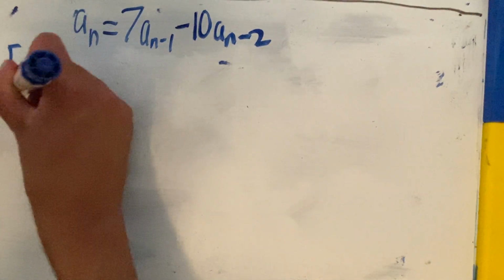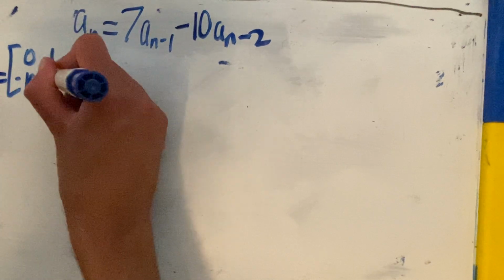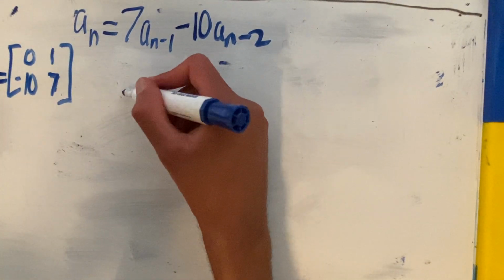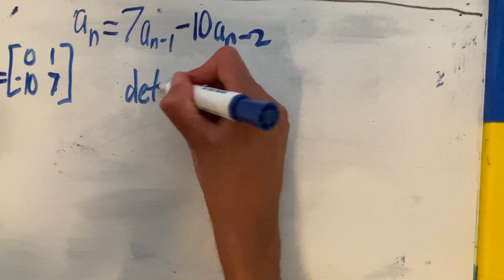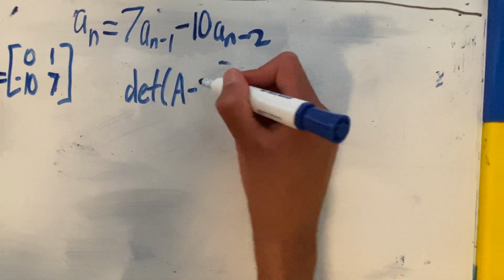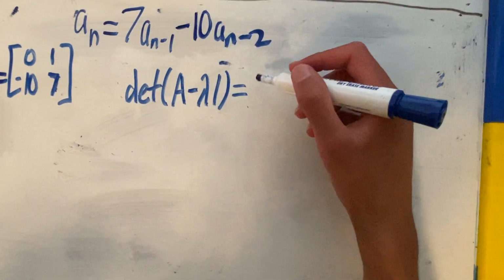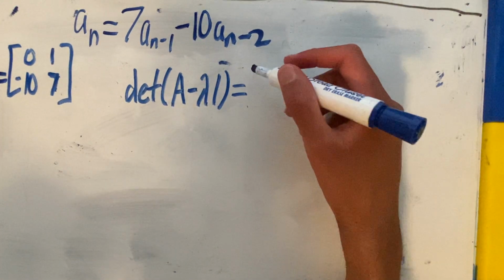A equals 0, 1, minus 10, 7. So the eigenvalues are going to be found using the determinant of A minus lambda I. This is something that, yeah, some of the linear algebra knowledge that is kind of a prerequisite for this video, I suppose.